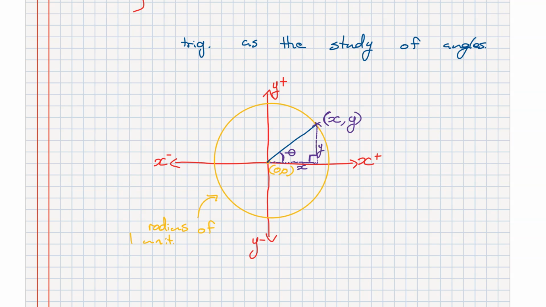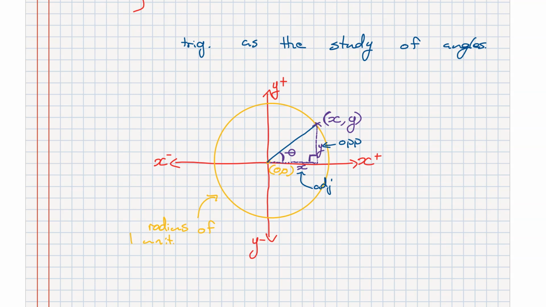Now, the first thing we want to know is, how can we describe this point along this unit circle? And we can do it using trigonometry. This y component represents the opposite side relative to our theta, and this one represents our adjacent side.